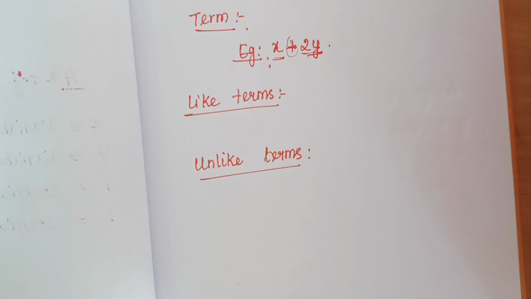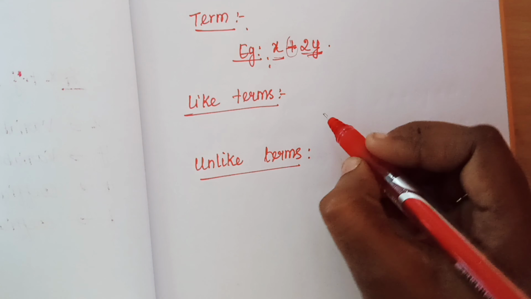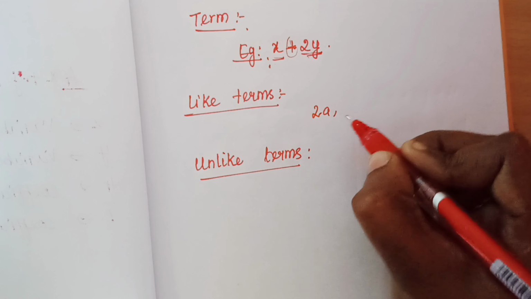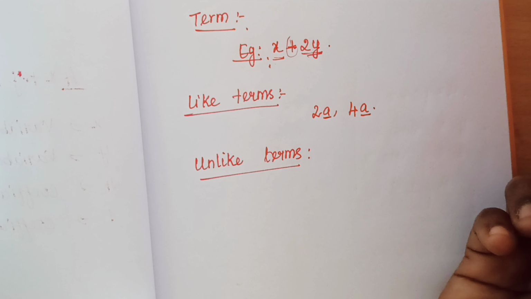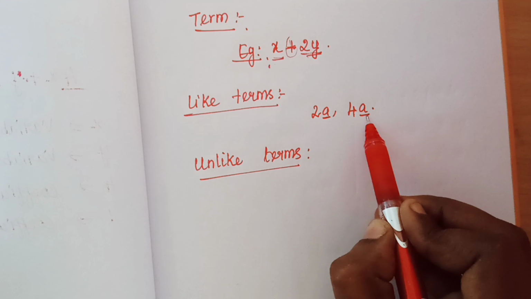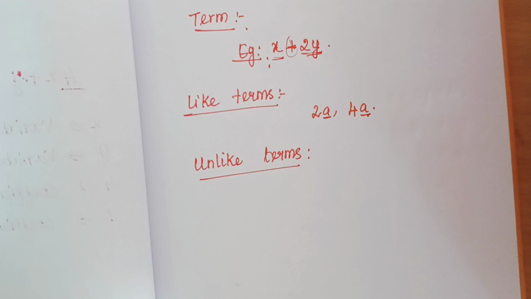Now the next one is like term, unlike term. When you say things are like, they will be equal, right? So I'll tell you an example. 2a, 4a, the variables should be equal. Whenever the variables are equal, you can say that it is a like term.